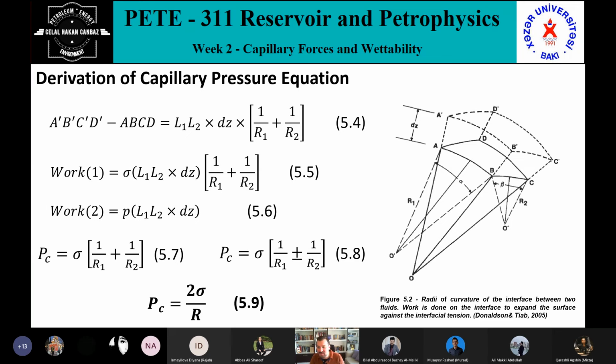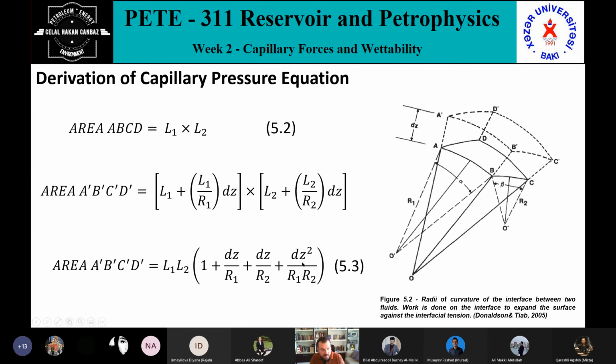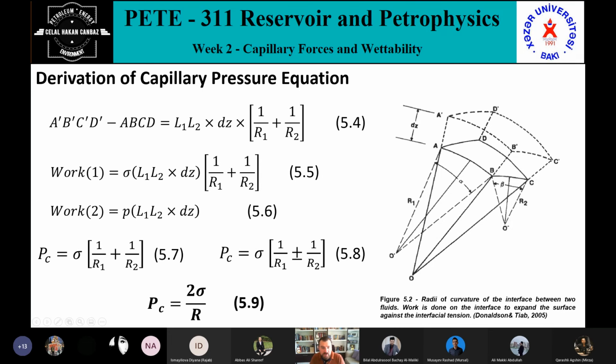When we cancel the common terms, neglecting the dz squared term, we get the capillary pressure as a function of the interfacial tension and the different radii of curvature, L1 and L2.